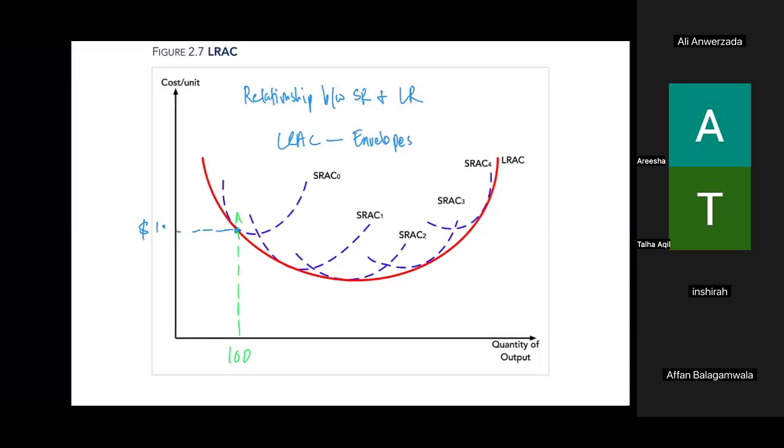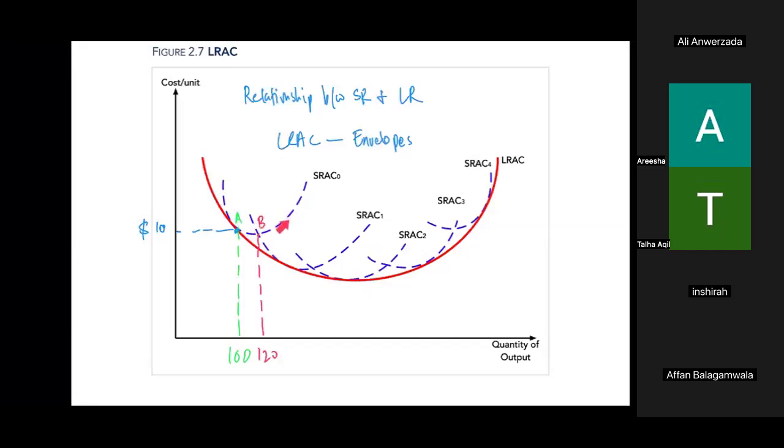And if you come to me in the short run and say, I want you to produce 120 units, I will say in the short run, at best, I can make you at point B. You guys get it? Which means I can't make you anything in the short run other than being at SRAC 0, so I will be at this point.